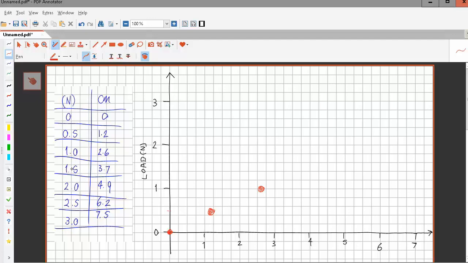The 1.5 newton load, which is over here, will be at 3.7. I know 3.75 is here, so it's going to be around here. For 2 newton load, the extension is 4.9, so it's almost 5. For 2.5 newtons, the extension is 6.2.